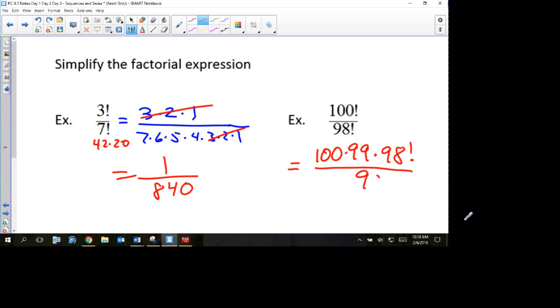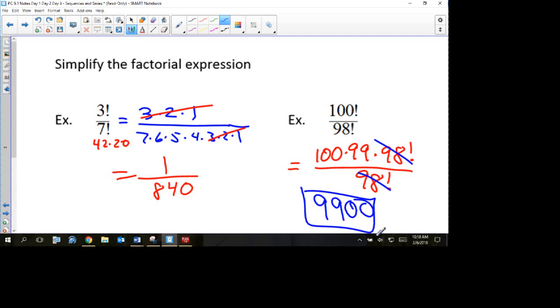On the bottom, I have 98 factorial. So I'm expanding the 100 until I get to 98 and everything down. I don't need to expand that any further because that's all going to cancel. So what's 99 times 100 without a calculator? 9900, right? 9900.